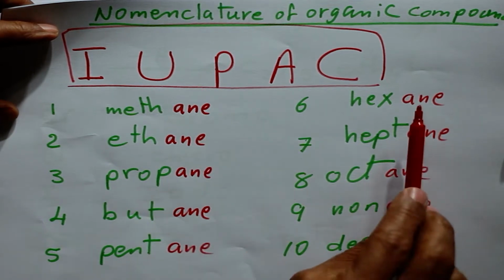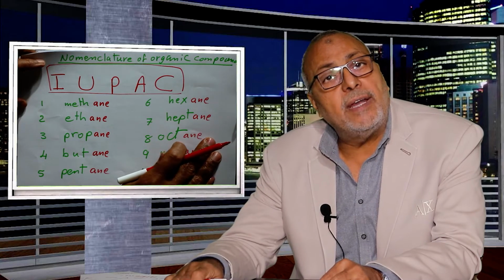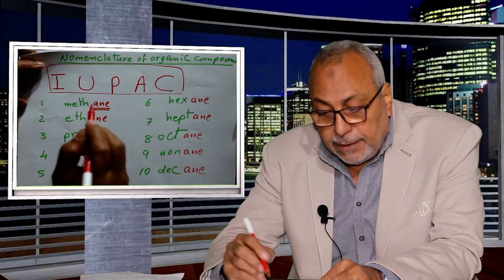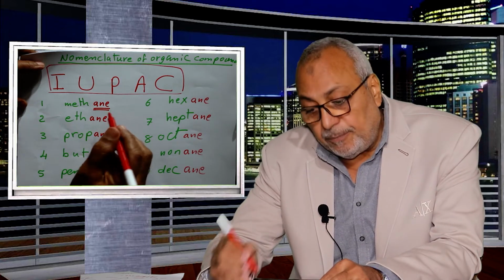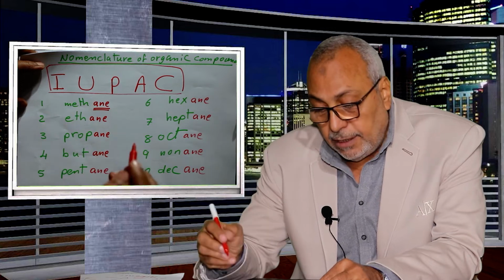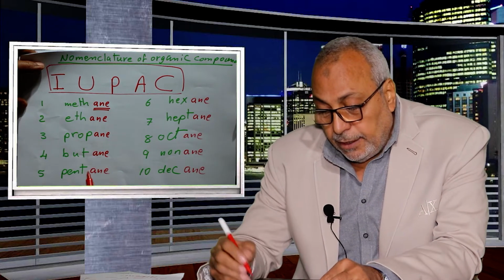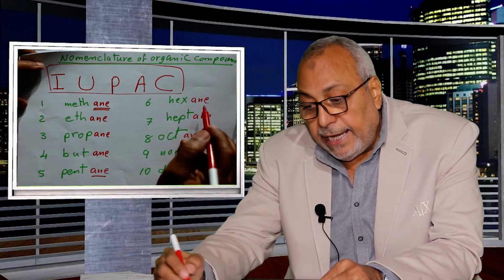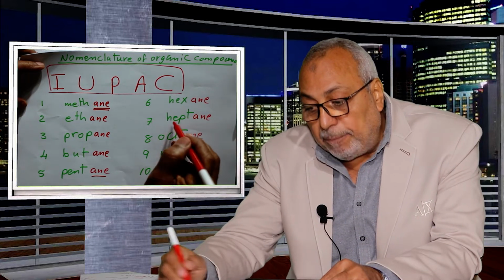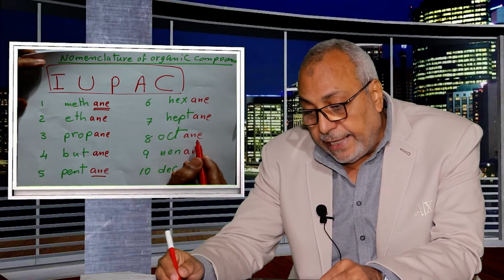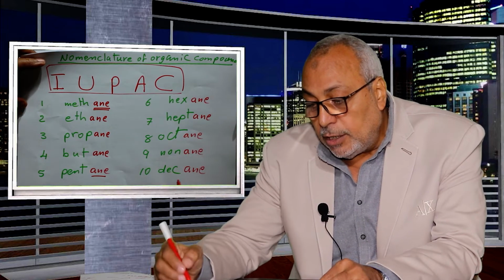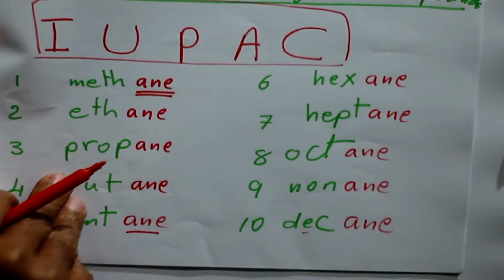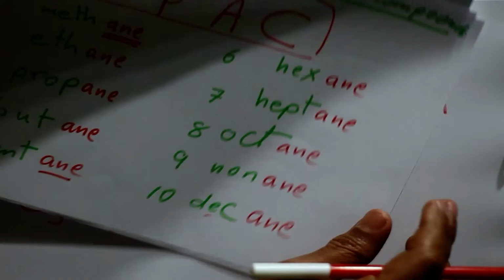If they are from the group of alkanes, we add the suffix ane: methane, ethane, propane, butane, pentane, hexane, heptane, octane, nonane, decane. These numbers are used to know the number of carbon atoms.